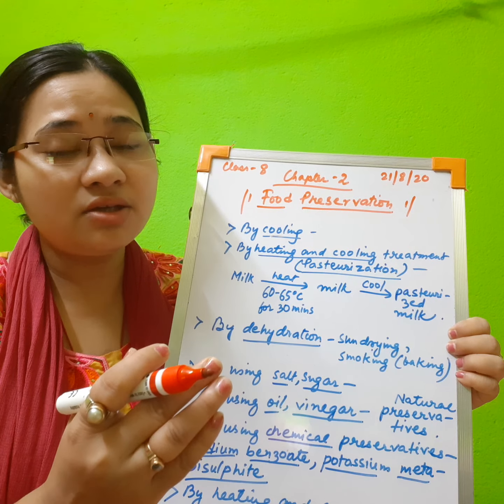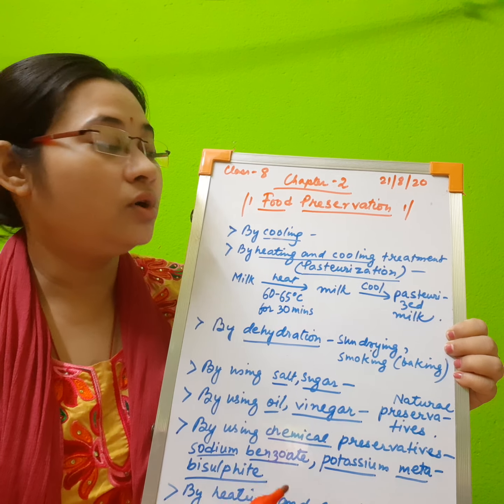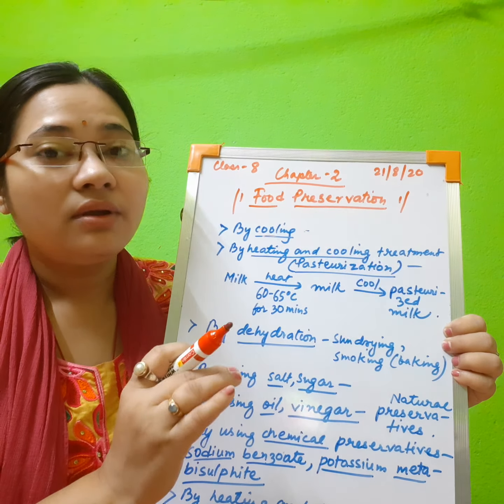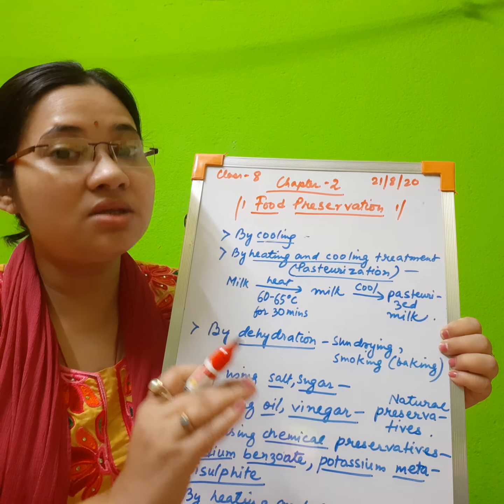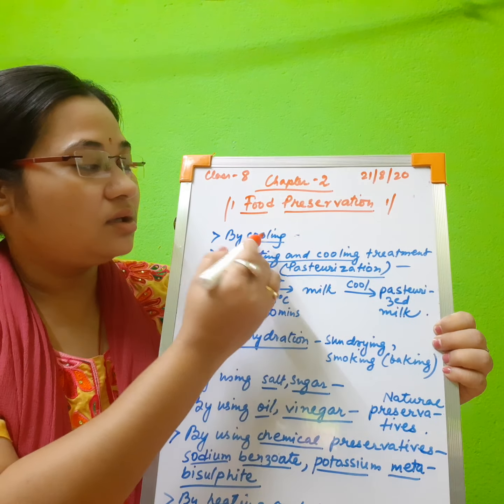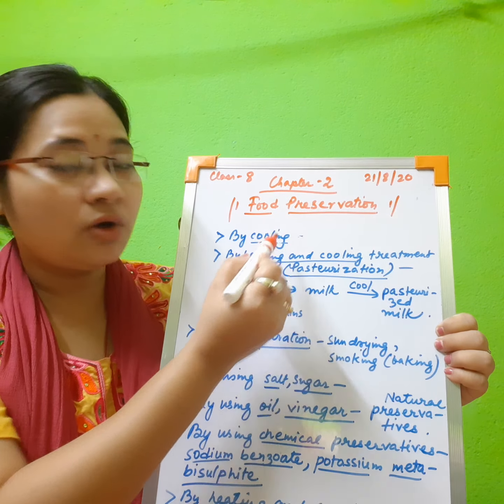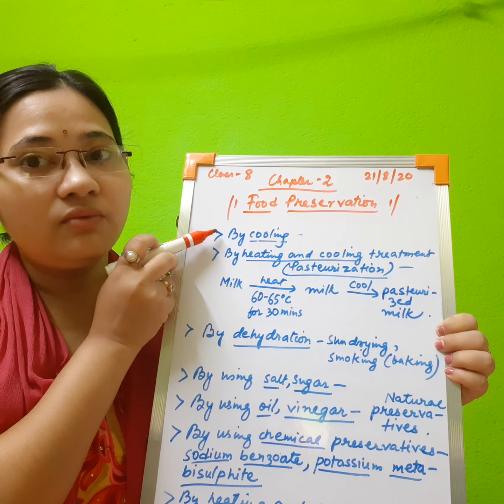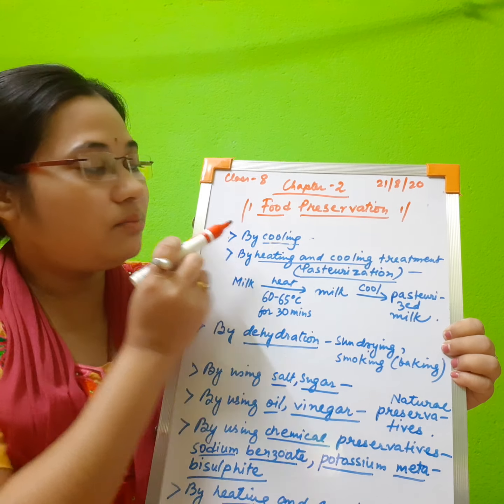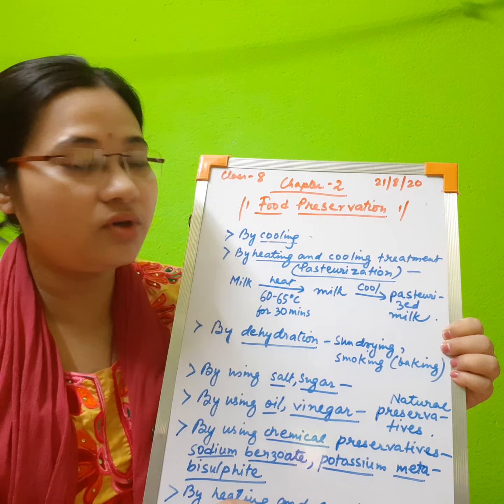That means it goes to minus 1, 2, 3 or 4. So in such low temperature, microorganisms do not grow, so we can prevent the spoilage of food. Okay, so this is the first way, that is by cooling, by keeping them in refrigerators and freezers.